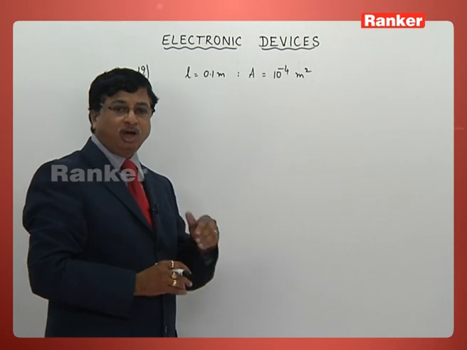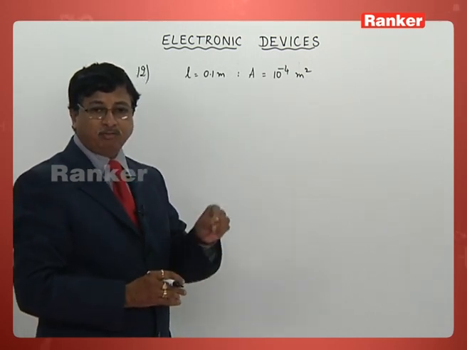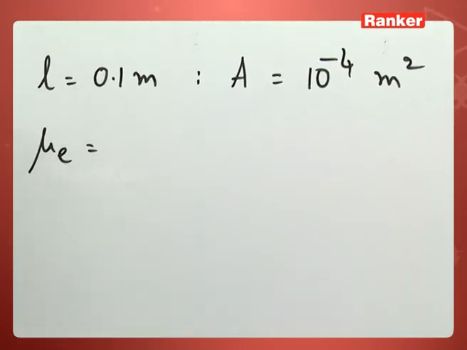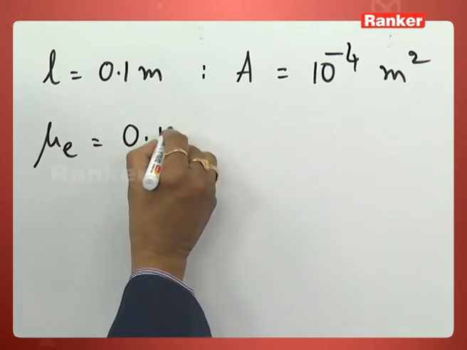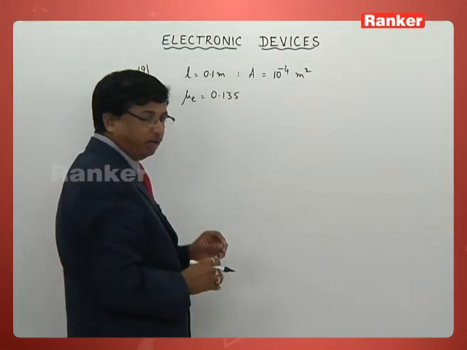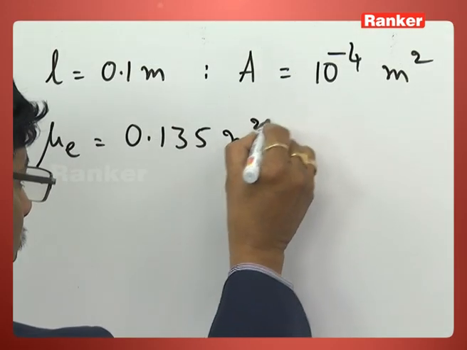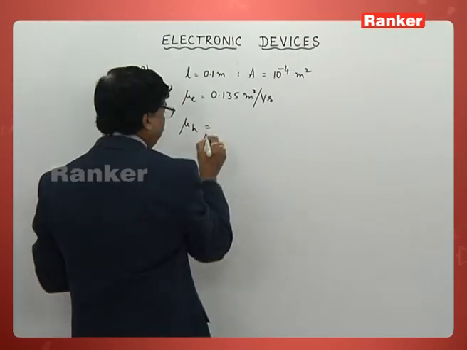And what are the mobility values he has provided? Mobility of electrons, that is mu of electrons, that's value is given 0.135. 0.135 what? Meter square per volt second. And what about mobility of holes he has given us?